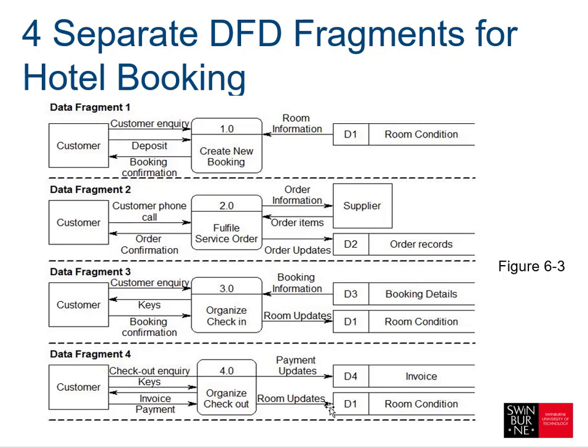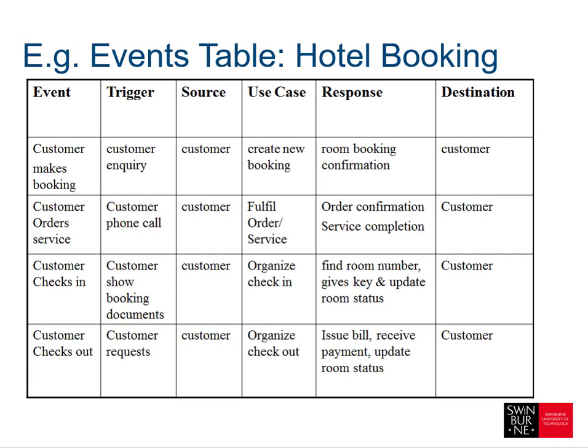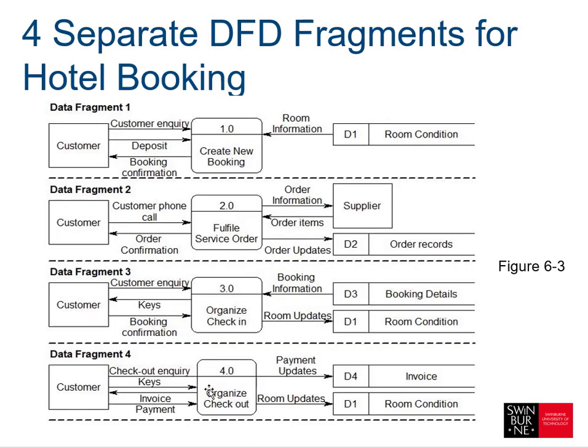So we update in the room condition. So the arrow goes back from the process to the entity. That is what we mean by the update. And then we update the payment with the pay invoice entity. So this actually shows you the 4 fragments that we developed for this hotel system.